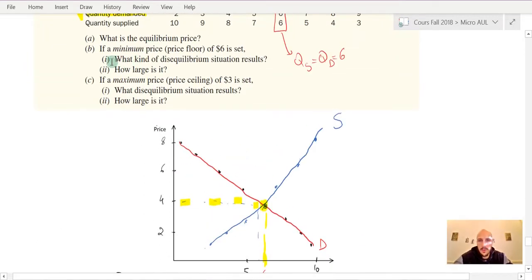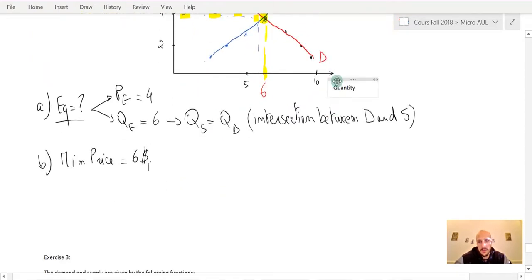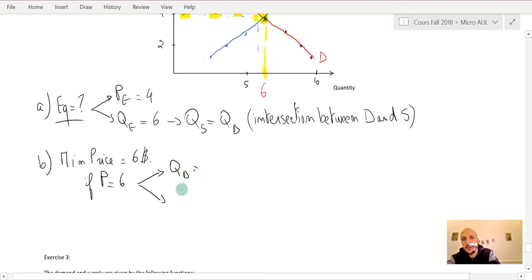At this price level, what kind of equilibrium situation results and how large is it? So for this price level, if P equals 6, first of all, try to find out what is the quantity demanded and what is the quantity supplied at this price level. So then you can find out the type of equilibrium that we could have, and we can also show it on the graph.